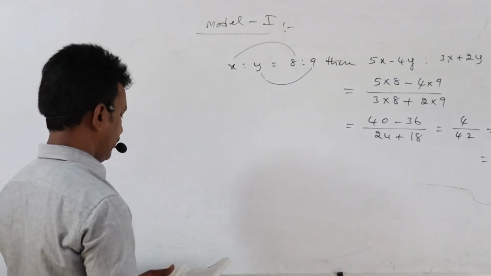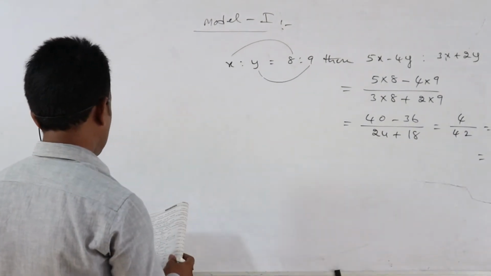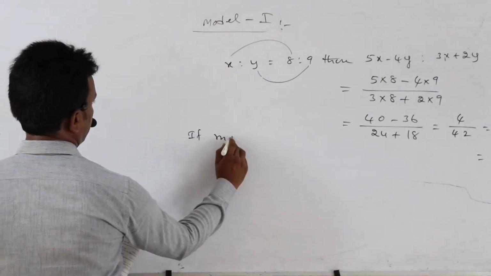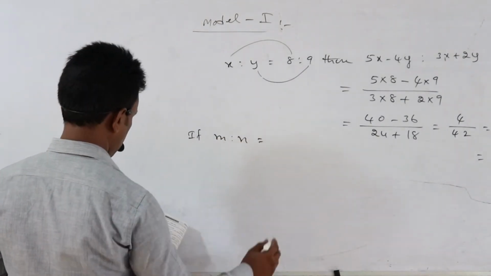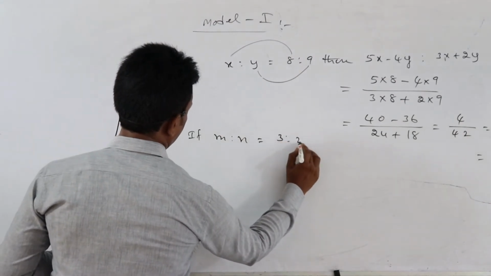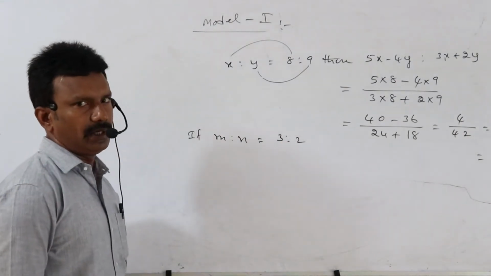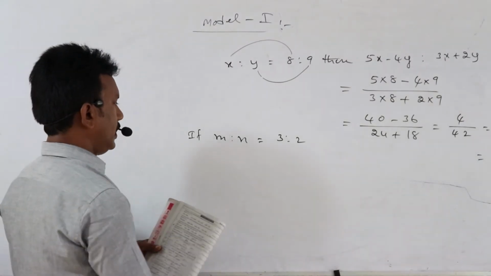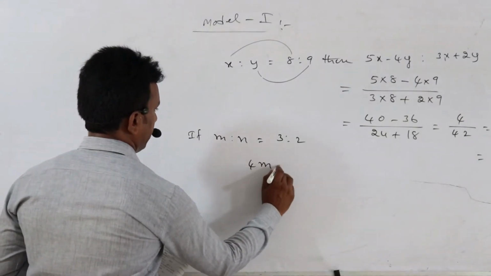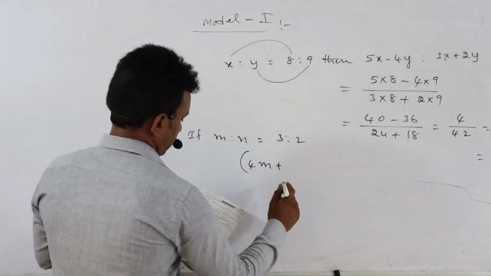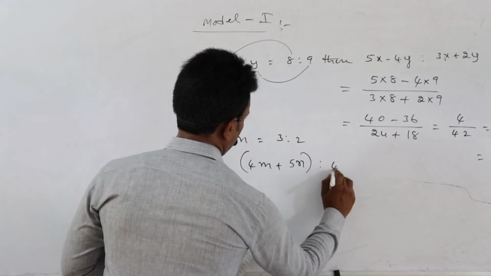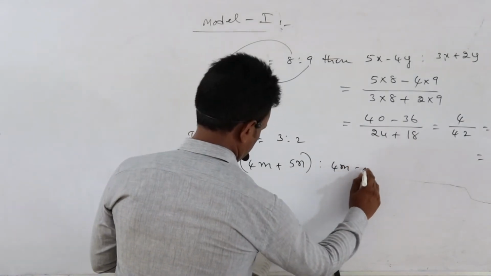And one more example, in the same way. If m is to n is equal to 3:2, then find the value of 4m plus 5n is to 4m minus 5n.